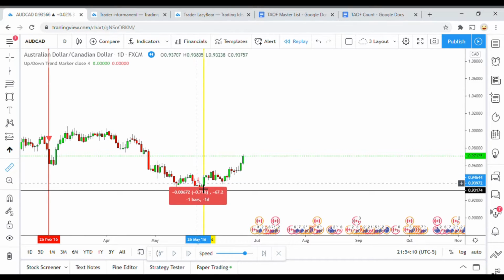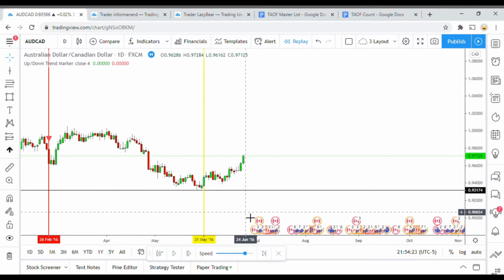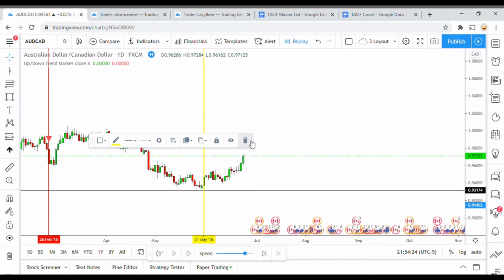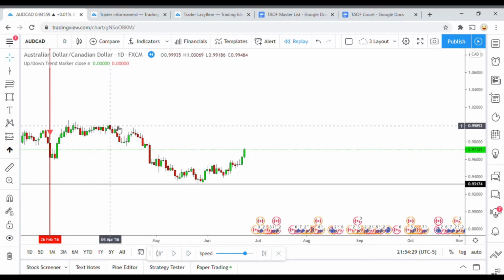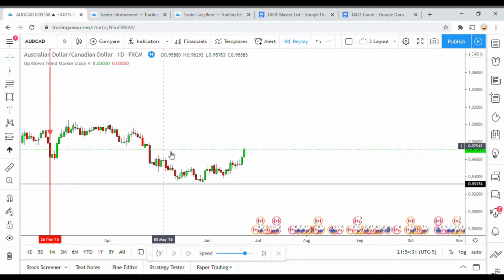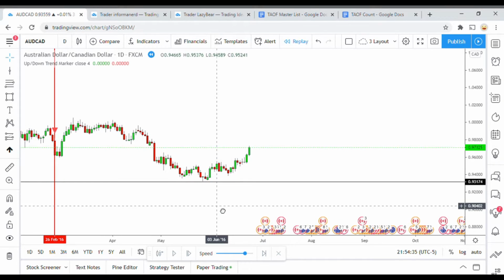So we would have been in right here, came down for 80 pips against us at the max, and then it shot up 256 pips. And so this is the advantage of being able to read price action and understand what the market is trying to tell you with price action.